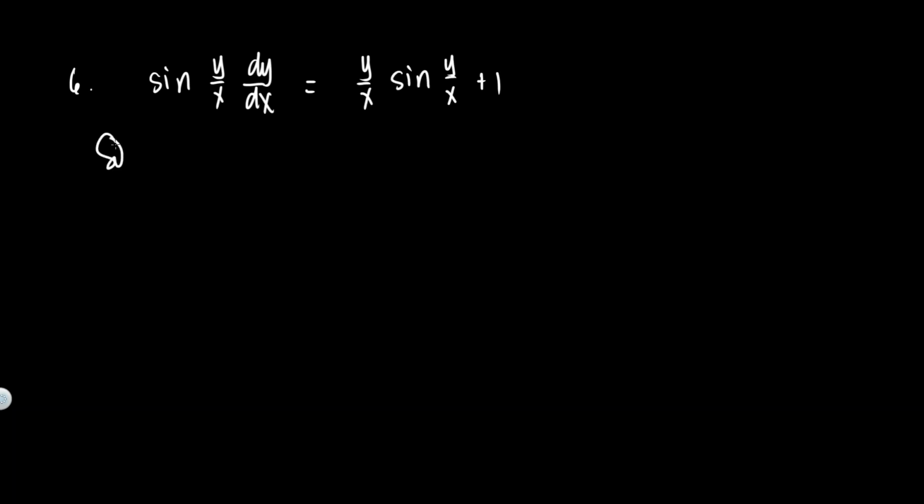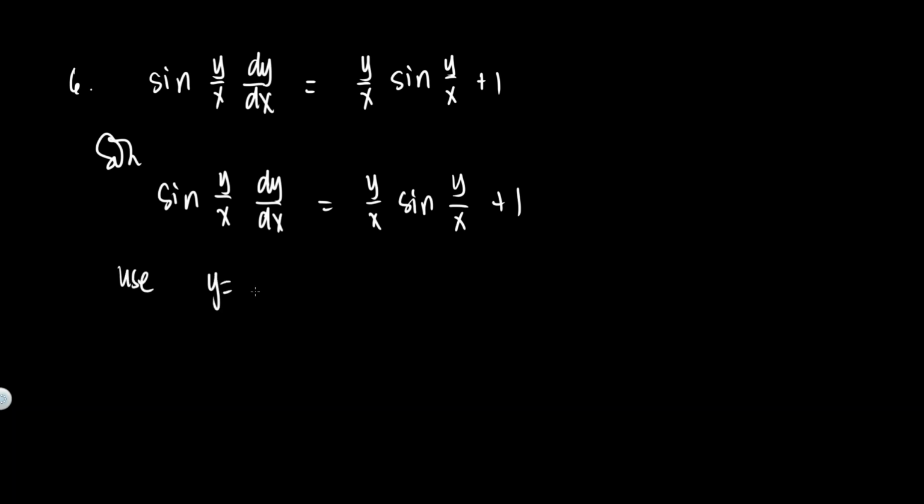Okay, find the general solution. So, sine y over x times dy over dx equals y over x times sine y over x plus 1. Okay, let's use y equals vx. Differentiate. So we have dy equals v dx plus x dv. Substitute to the original equation.